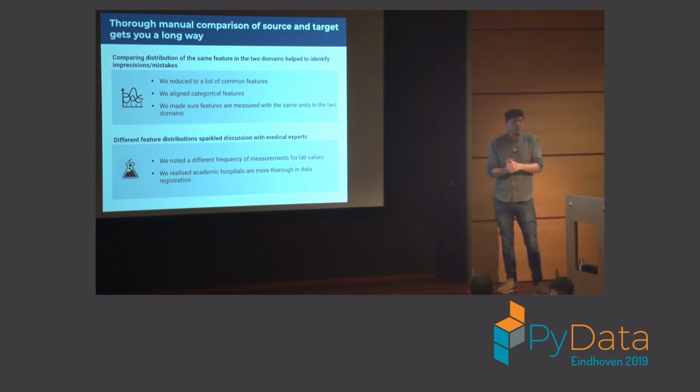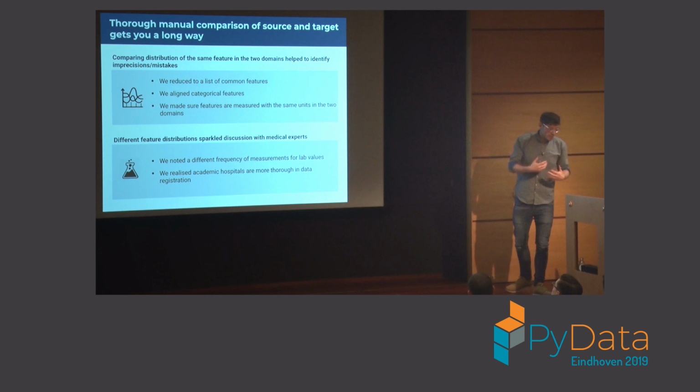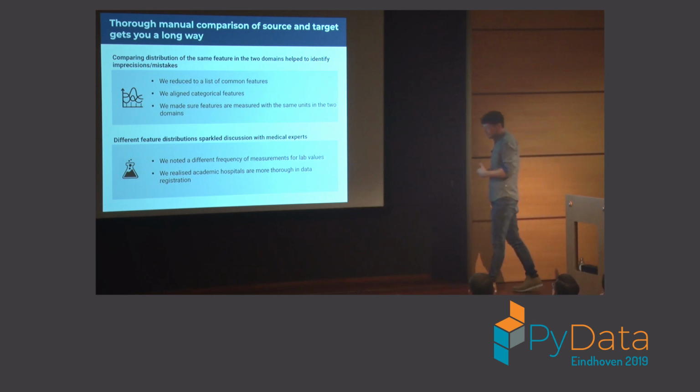For example, we noticed that there's a very big difference in how many times the two hospitals measure lab results. And this was quite worrying for us, because how many times you perform a specific lab test is one of our most important features.